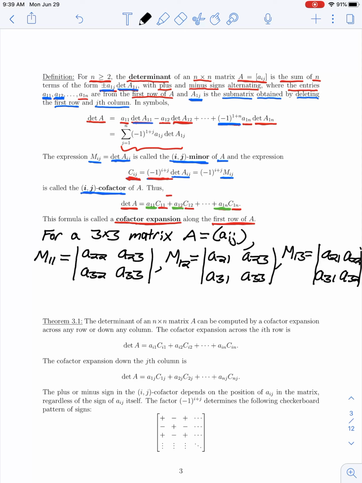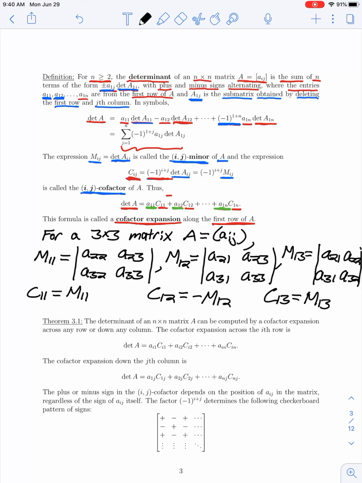That's the submatrix we would get by deleting the first row, third column. And the cofactors, C11, would be the positive value of this 1,1 minor. C12 would be negative the value of the 1,2 minor. And C13 would go back to the positive value of the 1,3 minor. So those cofactor terms are changing sign as we move along the first row.